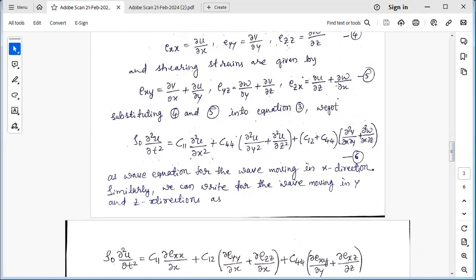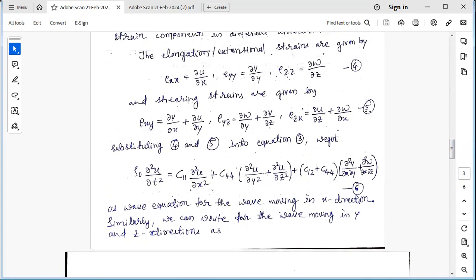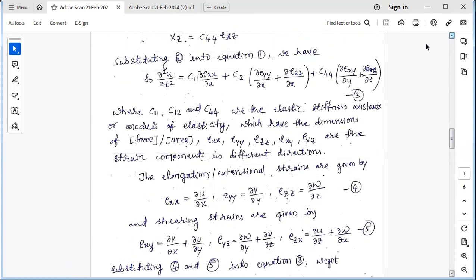Now we have to substitute equations 4 and 5 into equation 3. This is equation 4, this is equation 5, and this is equation 3. So here, all these things are there. In equation 3, Exx is there, Eyy is there, Ezz is there, Exy is there, Exz is there.